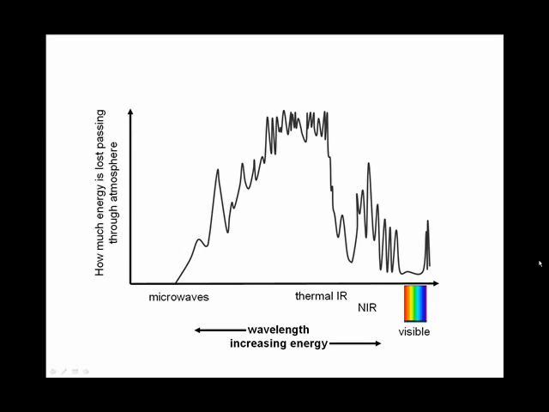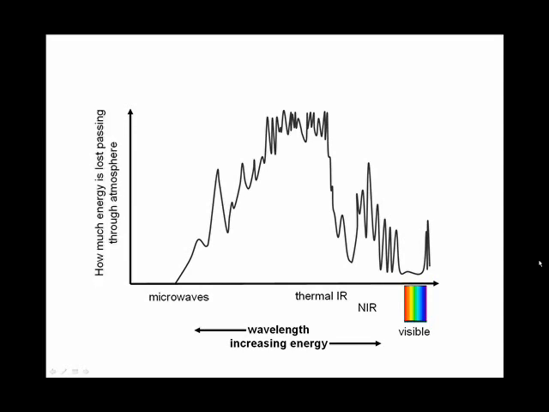And then below that, into increasing wavelength, we go off the red end of the visible part of the spectrum into the near infrared, NIR, then into thermal infrared, which is primarily originating from objects of temperatures of a few degrees C. And as we get to longer and longer wavelengths, we get into the microwave region, and then radio waves right off the end of that. So microwaves are up to a few centimeters in wavelength.